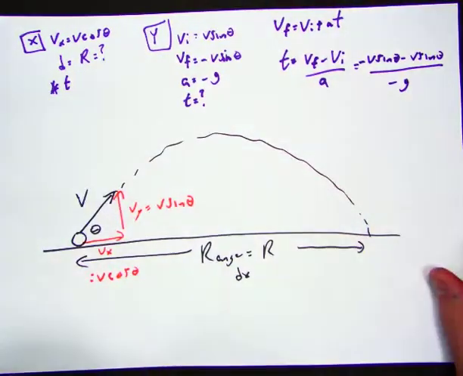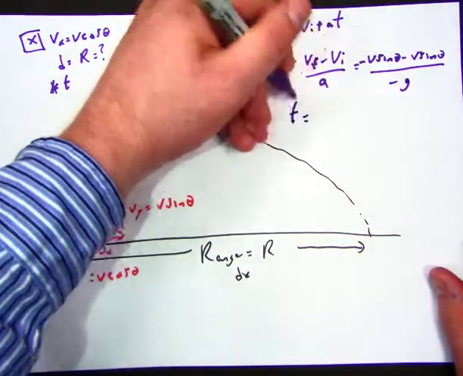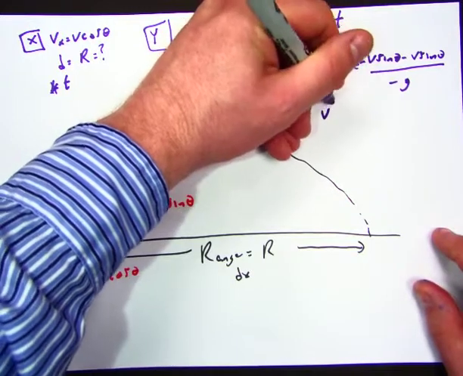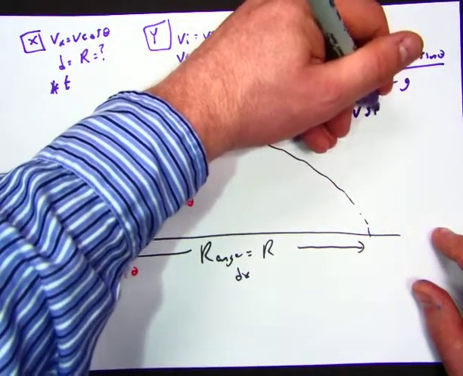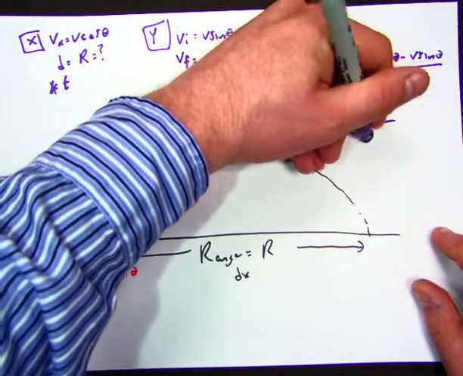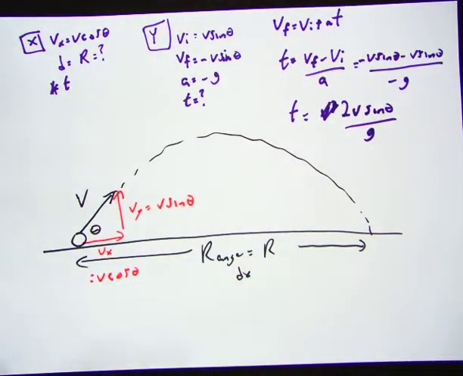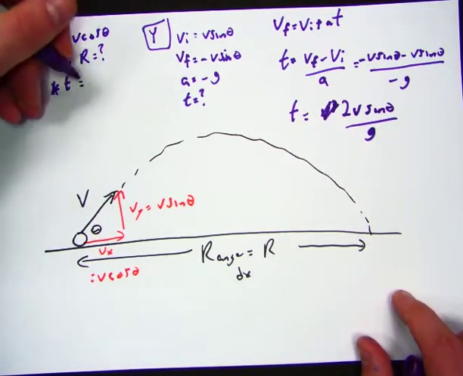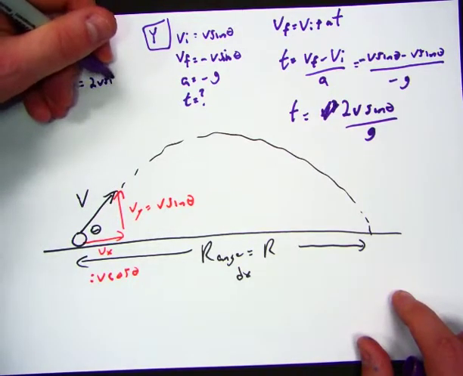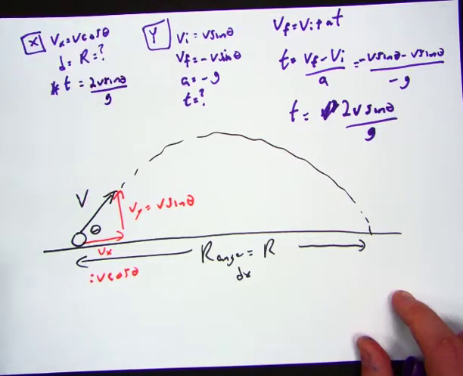Well, the negatives are going to cancel each other out, and I'm going to get here time is equal to, pardon me, 2v sine theta divided by g. So I get that for time, and I can plug that into here, as 2v sine theta all over g.